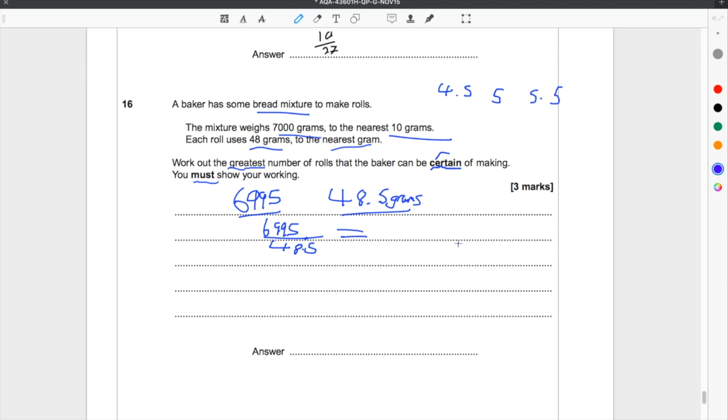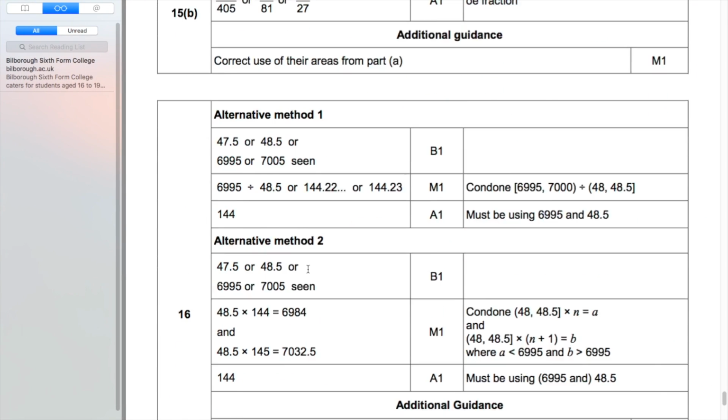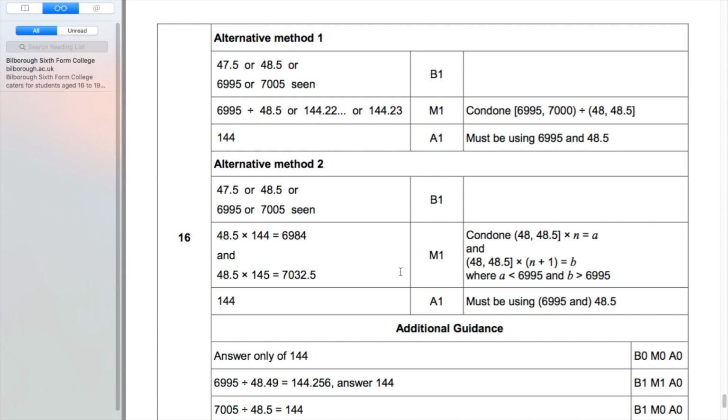So 6995 on a calculator divided by 48.5 is 144.226 and some other numbers. And all we do now is round this to the nearest whole number. And if we round this, well, this is just going to be 144. Okay? So this is the greatest number of rolls that the baker can be certain of making. And let's check that on the mark scheme. Yeah, 144.